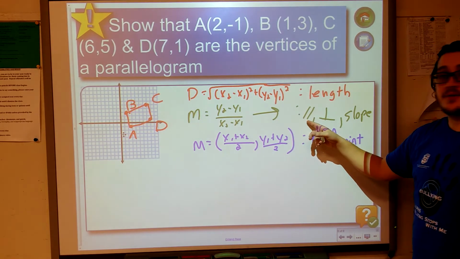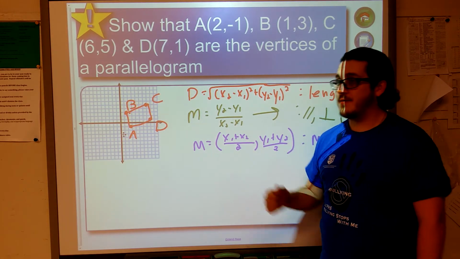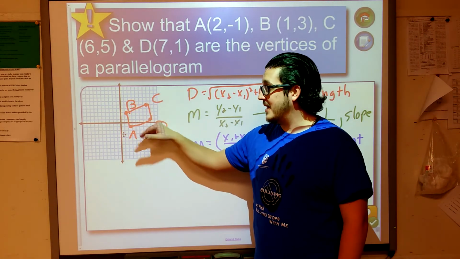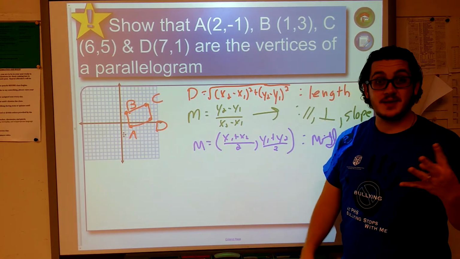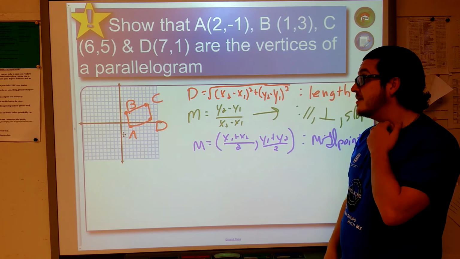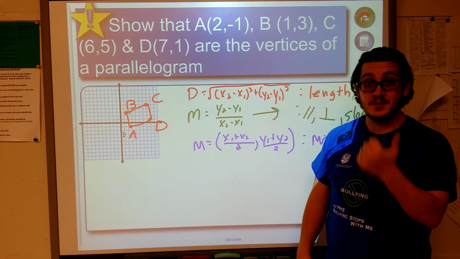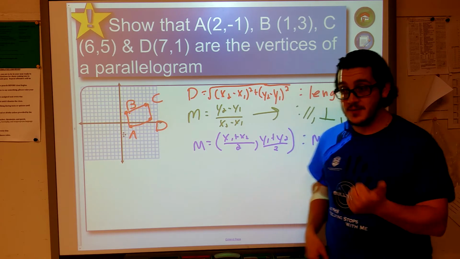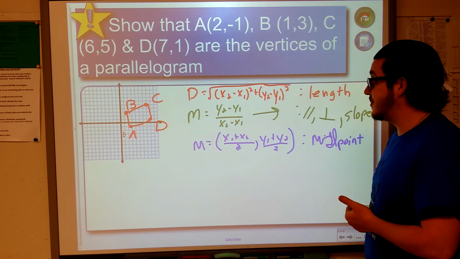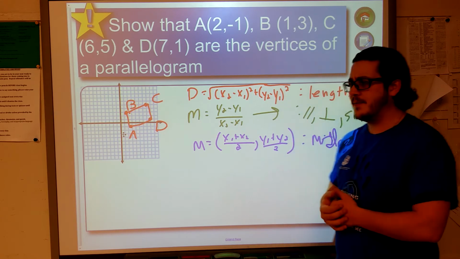Use that to show them parallel. So we could find the slope of all four sides. It's four times we would have to do the work, but we could figure out if this is a parallelogram by finding all four sides parallel. It's one option. It's a smaller formula, so it's not too bad, right?